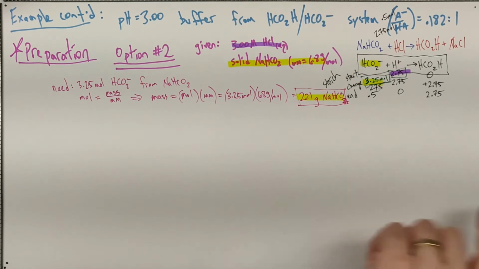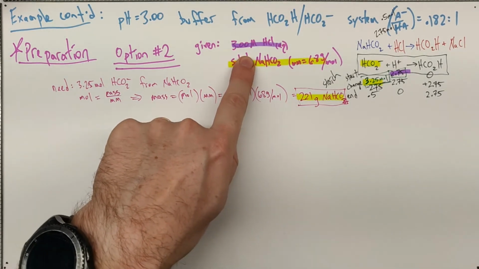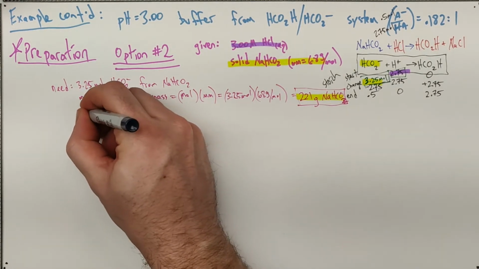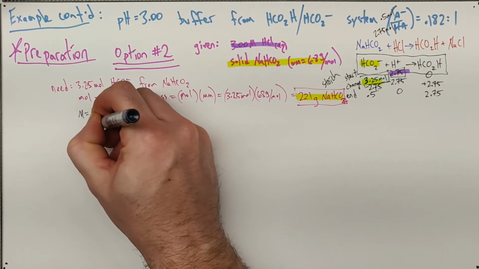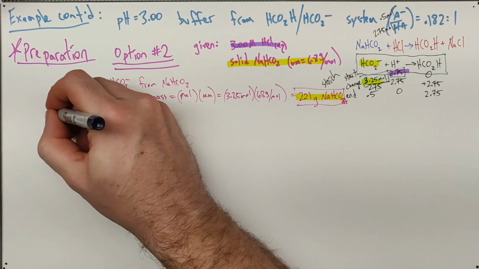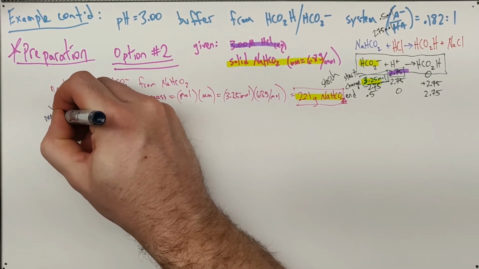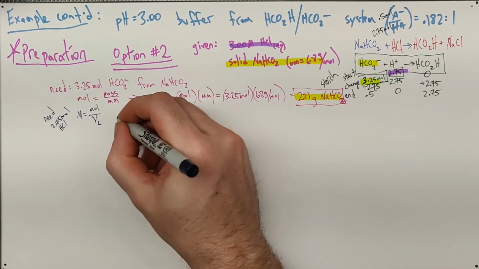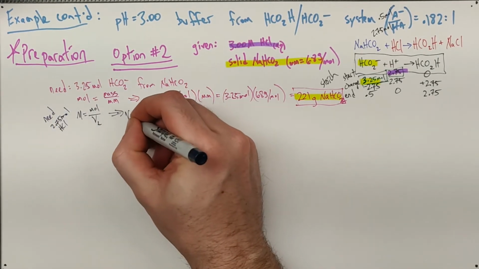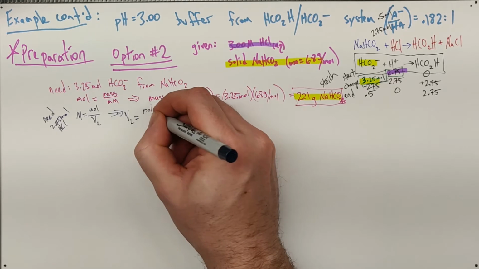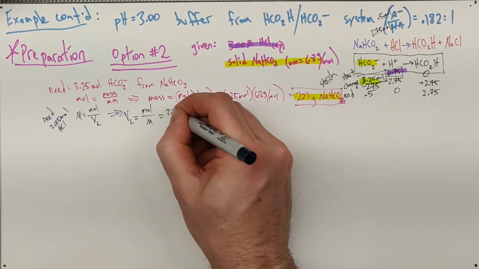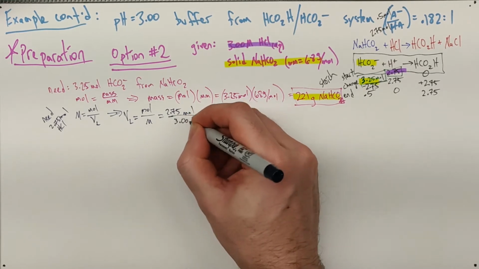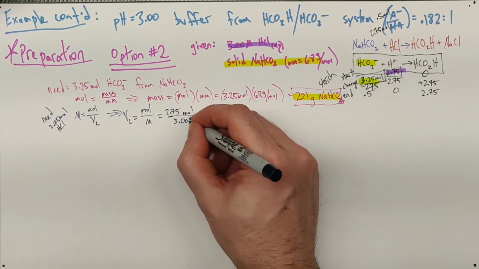For the acid, we're working with 3 molar HCl, and we know that molarity is moles over volume in liters. We need 2.75 moles of our acid, and so our volume in liters is going to be the moles over the molarity, and that's 2.75 over 3.00 moles per liter.